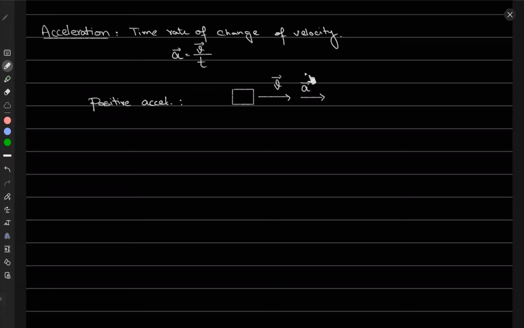And what would happen in this case? The velocity would start increasing because the velocity vector already points in this direction. Think of an acceleration vector as pulling the velocity vector, trying to stretch it. And if the velocity vector stretches, it will increase the velocity, right?